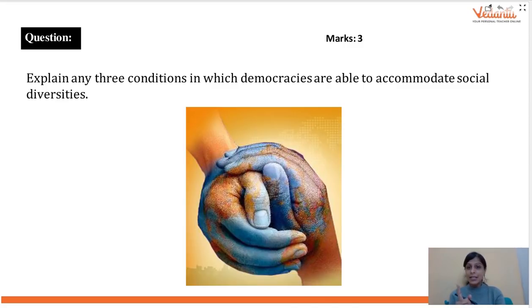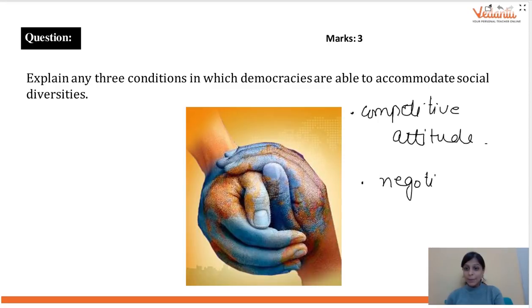So I can say, for social differences, it develops a competitive attitude, it evolves a mechanism to negotiate, discussions take place so that you learn to respect the differences, and evolve a mechanism so that the differences can be reduced. And for this, democracies are suited the best, and also they represent the general view. I hope we've discussed all this in the last question also, and you remember these points.